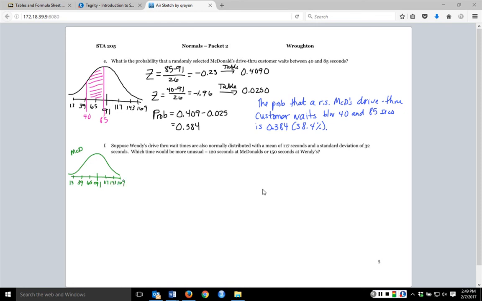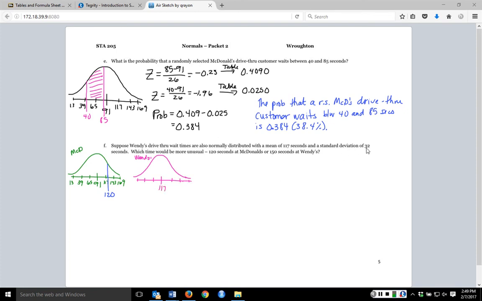And they have a wait time of 120 seconds. And we're going to compare that to Wendy's, but different mean and different standard deviation. So I'm going to make sure I draw their picture accordingly. So their mean is 117.